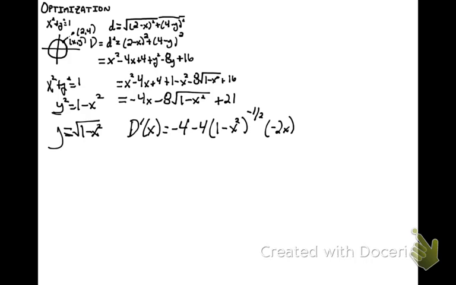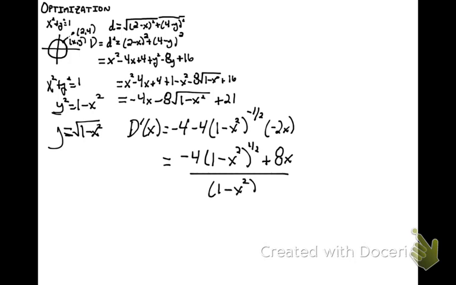Which means if we clean this up, we would arrive at -4 over (1 minus x squared) to the 1/2 plus 8x all over (1 minus x squared) to the 1/2. And what's happened is we had to get a common denominator in order to arrive at this.